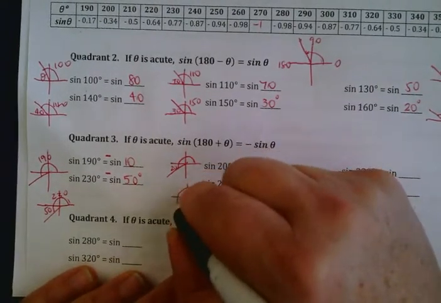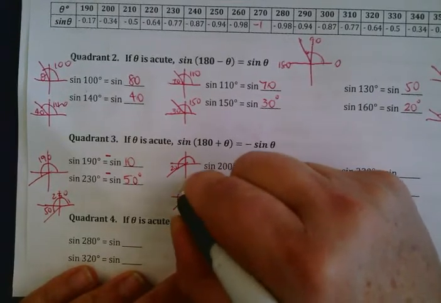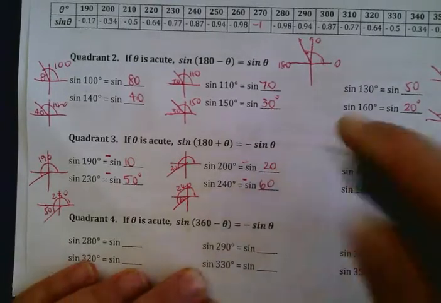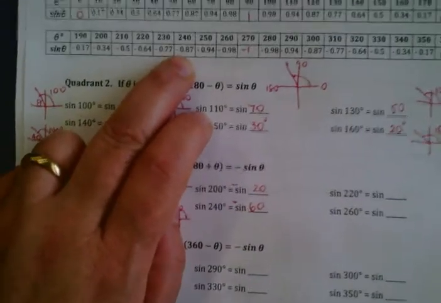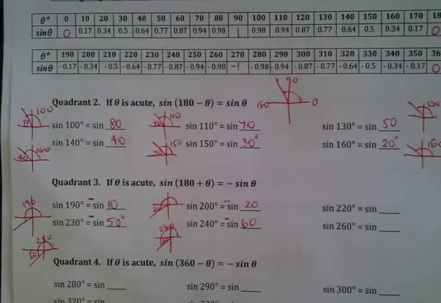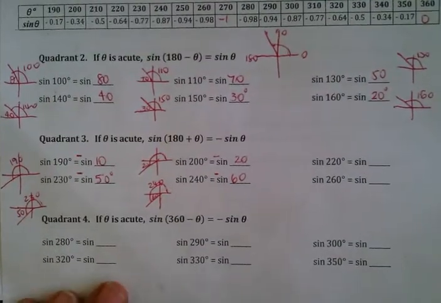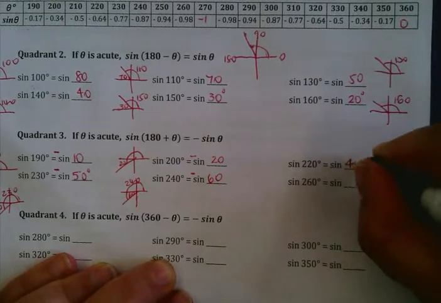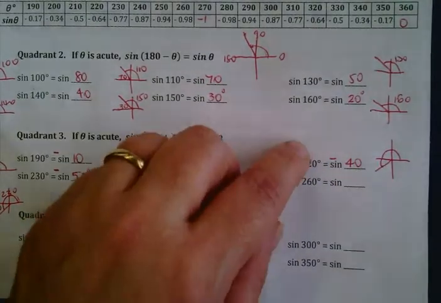240 is how many degrees over? Just draw a couple of them. It's important because that one goes 60 over. So look at your table as well. Sine of 240 is the same as negative sine 60. You can see it in the table as well. Sine 220. 220 is how many degrees over? 40 degrees over. So sine of 220, please put the negative in front.